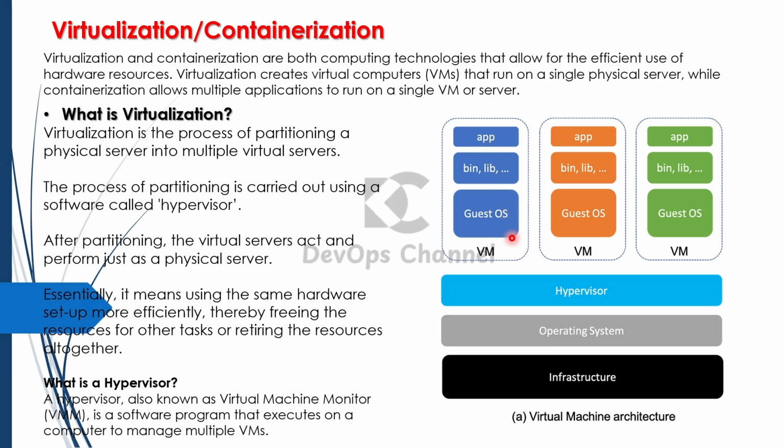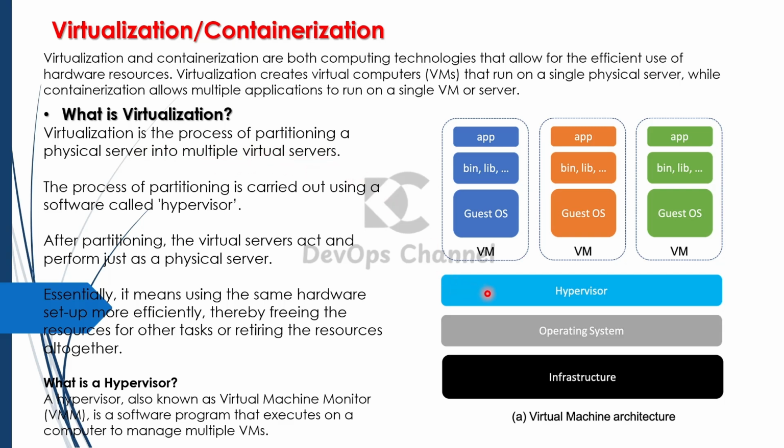Now for running this VM on your main OS, you will need some kind of software that can manage it. That's what we call a hypervisor. In Windows, Hyper-V is a kind of hypervisor which maintains virtualization on Windows systems. So if you talk about the definition, virtualization is the process of partitioning a physical server into multiple virtual servers.